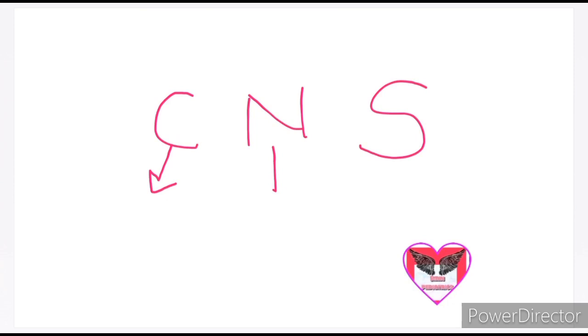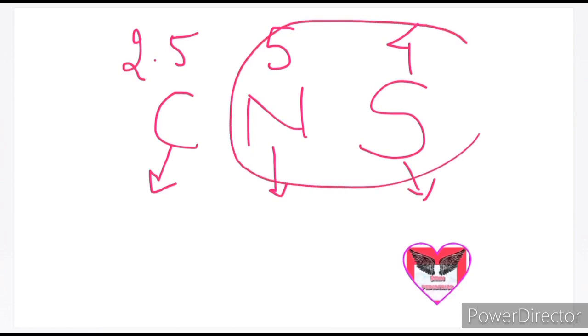So now we have the surfactants we give in the nursery if the child is preterm with respiratory distress. This mnemonic is CNS. C is Curosurf, N is Neosurf, and S is Survanta. The dose is 2.5 ml per kg, 2.5, 5 and 4.